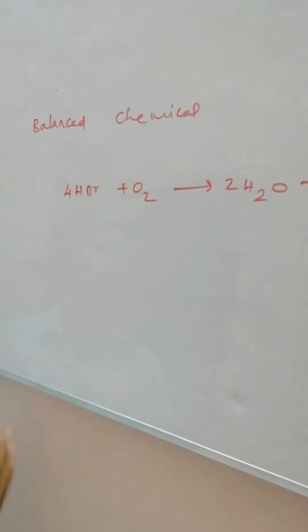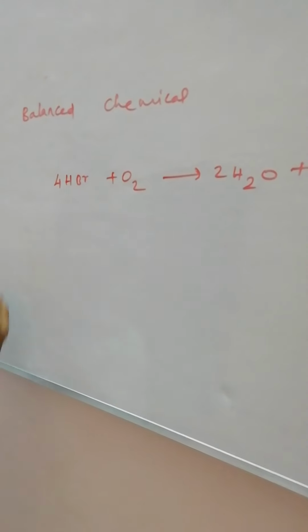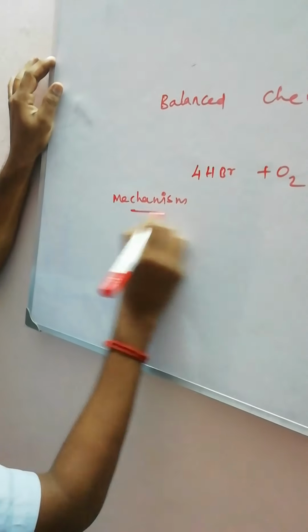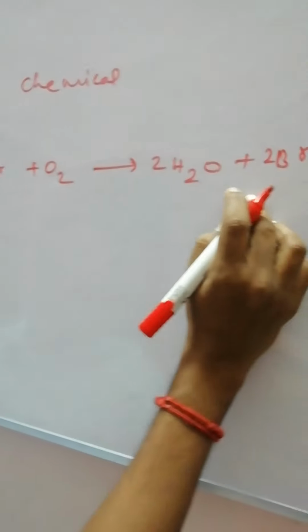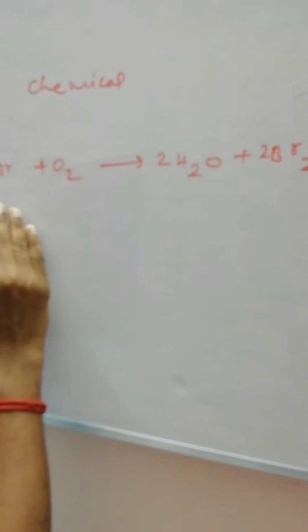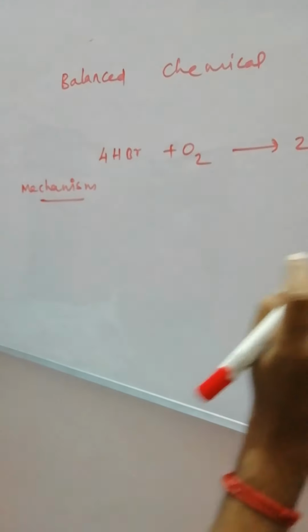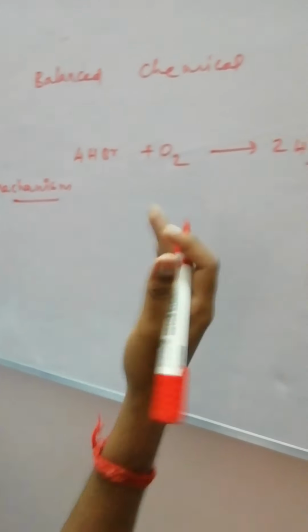This is the one equation. How do we find the mechanism? This is a balanced chemical equation, but actually it happens in many steps. This is written as a single step equation, but it happens through a many-step mechanism.